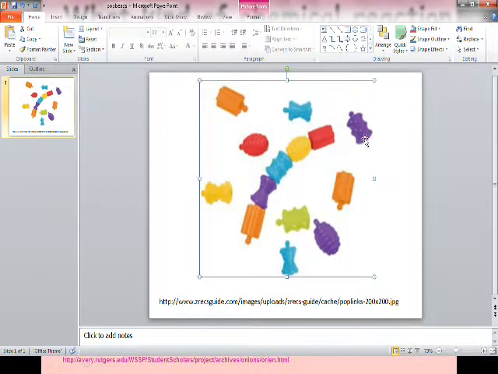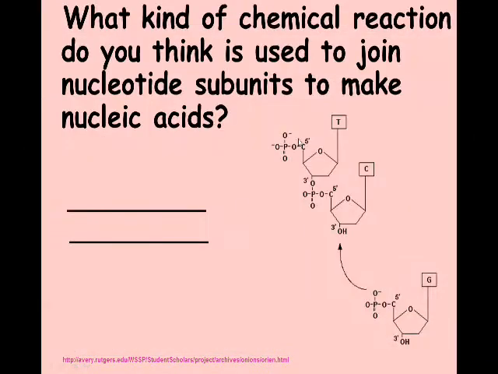We used the little amino acid pieces, amino acid, amino acid, amino acid, to make a chain of amino acids. That's a protein. And we're going to do the same thing. Now we're going to use nucleotide little pieces, subunits, nucleotide, nucleotide, nucleotide, to go together to make a nucleic acid.